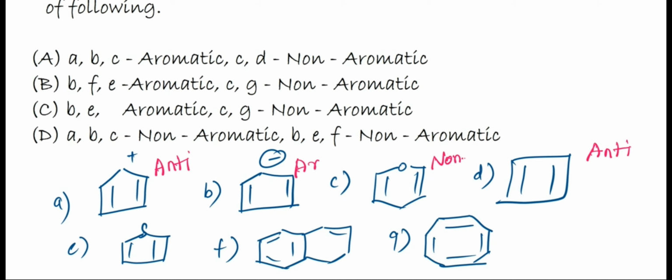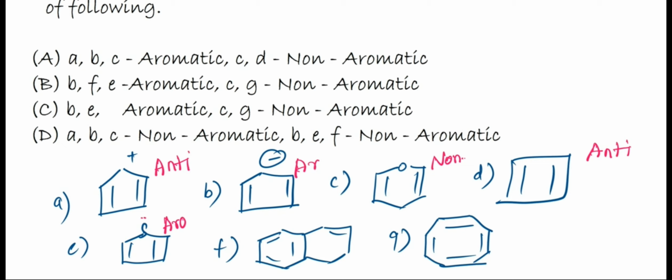They are having only 4 pi electrons. What about E? E becomes aromatic, thiophene, right? What about F? I think F, they have given it wrong, I guess so. Let's compare it with the options.